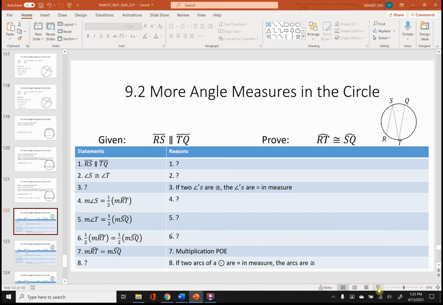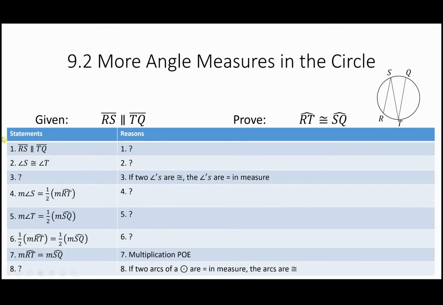Let's go ahead and finish this partially completed proof, in which we are given, with this circle, that line segments RS and TQ are parallel to each other, and we want to ultimately prove that arc RT is congruent to arc SQ. Seems legit, but let's make sure we get there all the way. So obviously the first statement should be whatever's given, and the reason for that is that it's given.